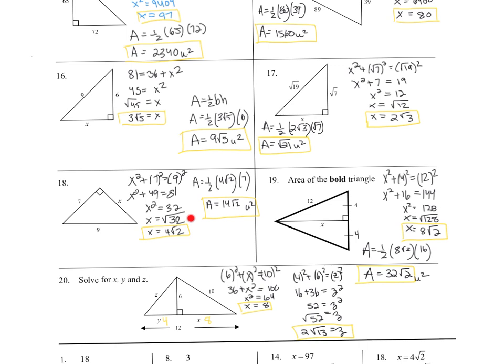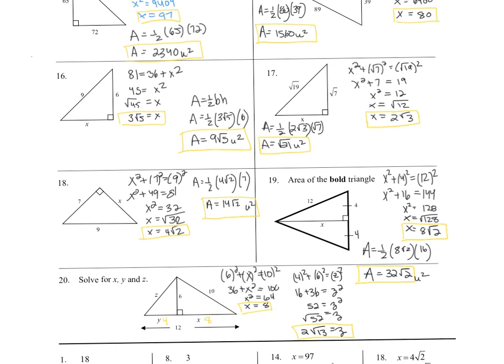When we square root 32, that is 16 times 2, and so we end up with 4 times the square root of 2. Notice then when we go to do the area, it is 1/2 of 7 times 4 times the square root of 7, and that is going to give us 14 times the square root of 2 units squared.